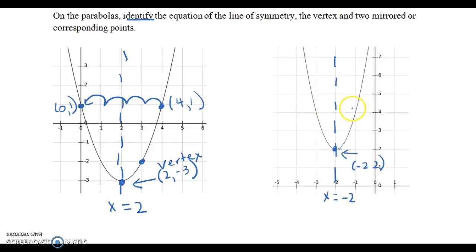And then if we look at some other points, here's a point on the parabola. It's at -1, 4. And the mirrored point to that one, or the corresponding point to that one, is at -3, 4. Notice that the y values are exactly the same at those mirrored points. And that's the basics of quadratics and parabolas.